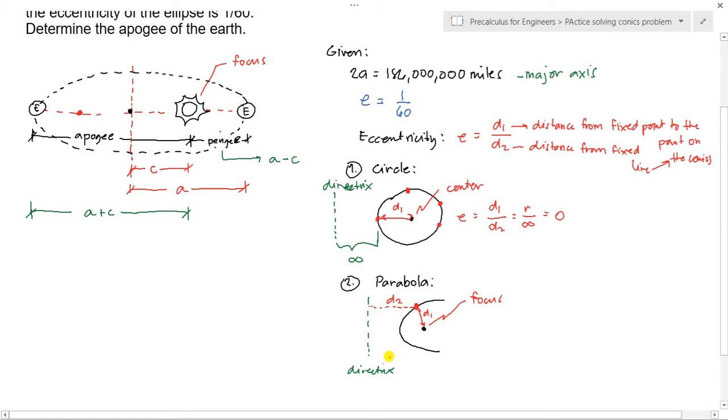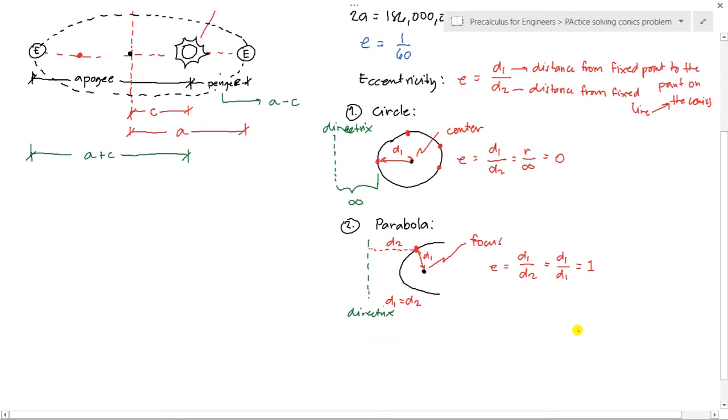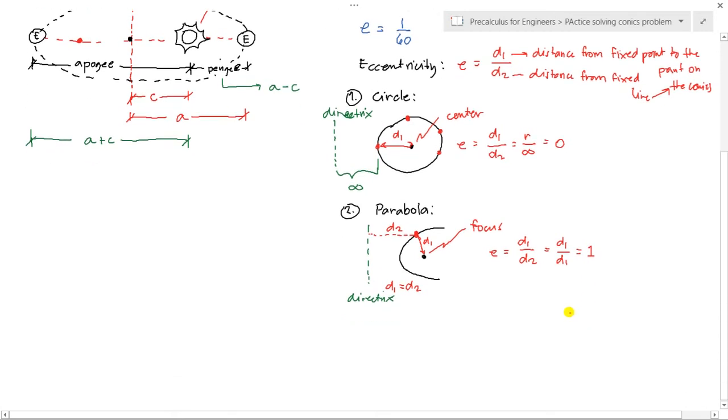Again, parabola, D1 is equals to D2. Definition sa parabola. Now, if we're going to plug that sa equation sa eccentricity, E is equals to D1 over D2. So D1 over D1 is equal to 1. So therefore, for a parabola, ang iyang eccentricity kay equal to 1.